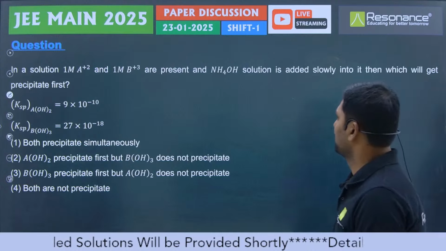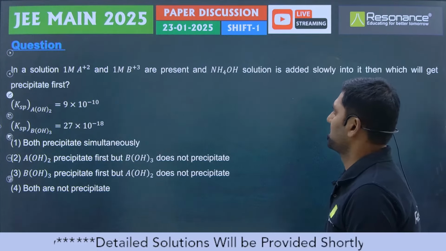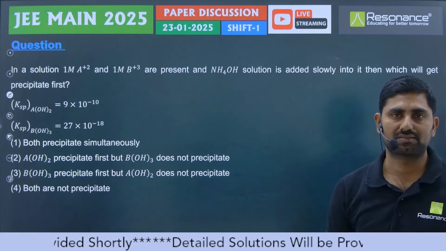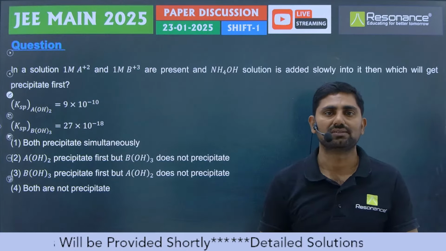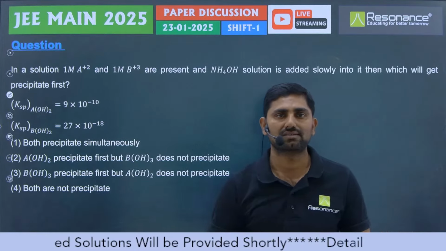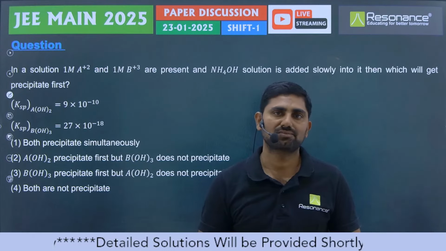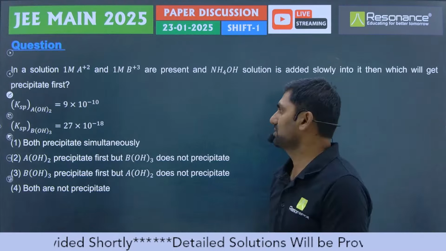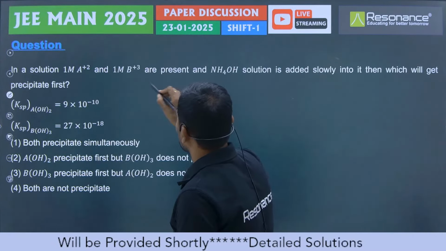Now we can see this one is from ionic equilibrium. This is selective precipitation. When they give two or more ions, which ion is going to precipitate first? The basic idea is that the one with less solubility will precipitate first. So first we have to find the solubility values. Let me find the solubility of each compound. The base is given anyway.